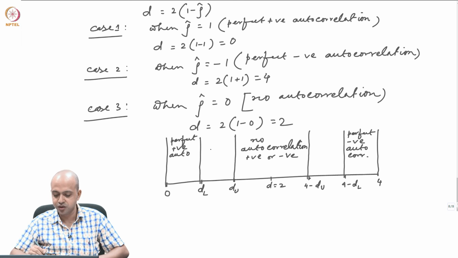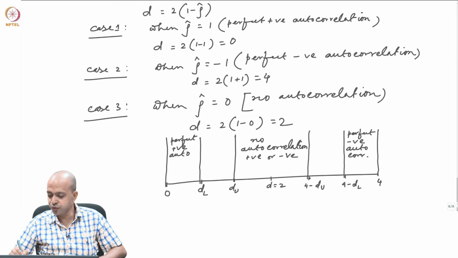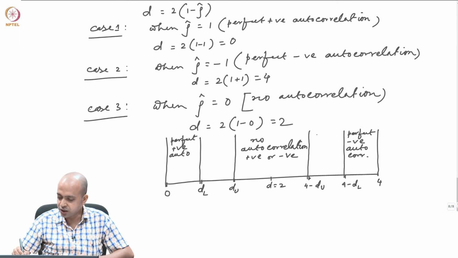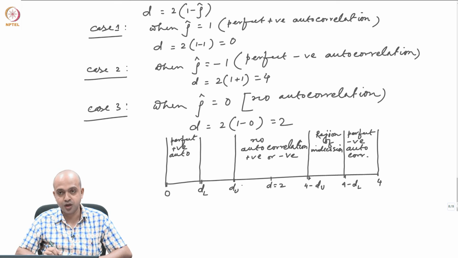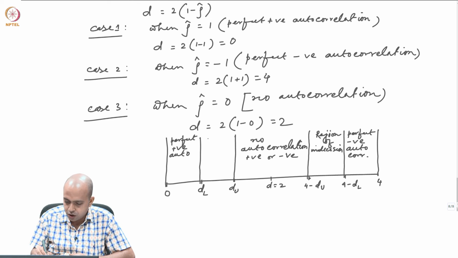When the value of D lies between DL and DU, or between 4 minus DU and 4 minus DL, then these are called a region of indecision. I am not able to take any decision.